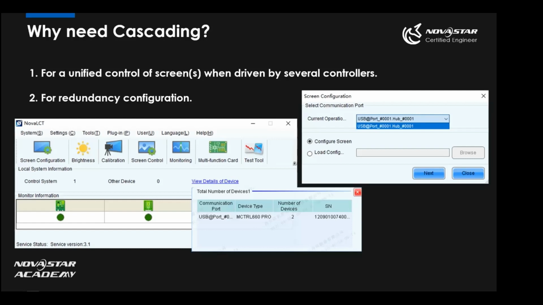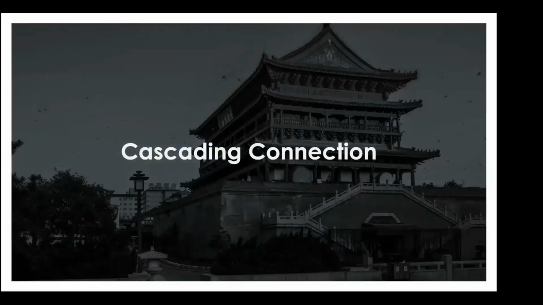So this is the software of Nova LCT. We can say in the details of device, we connect two controllers. Because just now in the structure, we have connected the two devices by USB cable. So now we have known the advantage of cascading.